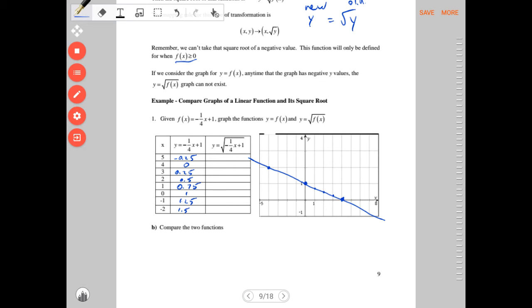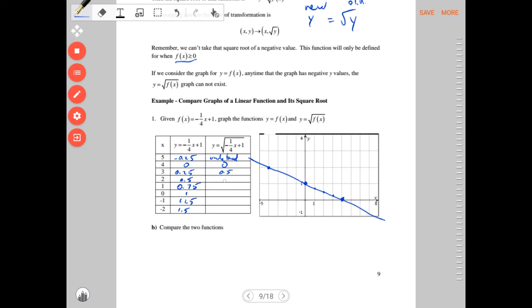Now the square roots of these things, remember, you cannot square root a negative. So this one is undefined. It doesn't work. The square root of 0 is 0. Square root of 0.25 is 0.5.